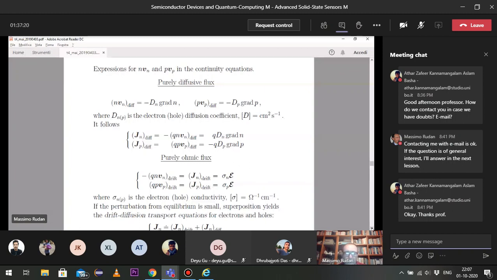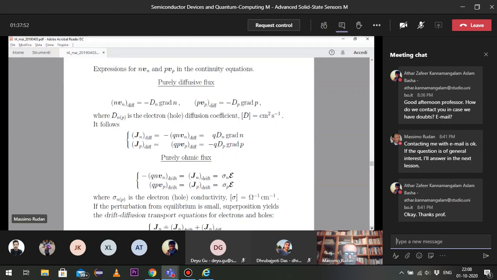Okay, we assume a very simple model. We assume that the flux not only depends on the gradient of the concentration, but that this dependence is linear. So we assume that a purely diffusive flux is such that the flux is proportional to the gradient of the concentration.